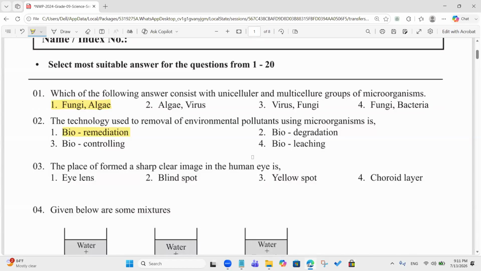Where is the sharp image formed? Fovea, or yellow spot. Yes, yellow spot. That's the correct answer.